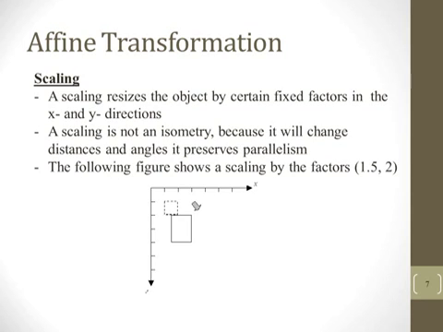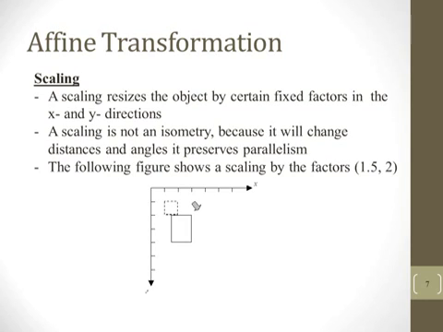If we take this point, the coordinate of this point is 1, 1. The x coordinate will be multiplied by 1.5, so the x coordinate of the new point is 1.5. And the y coordinate 1 is multiplied by 2, since the scaling along y is 2, so the point is at 2.